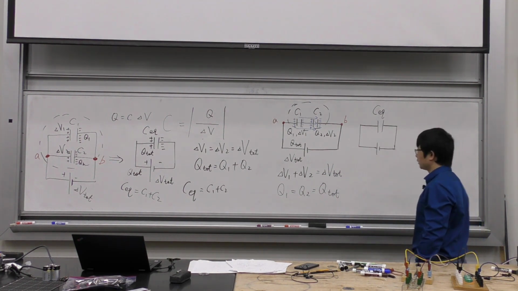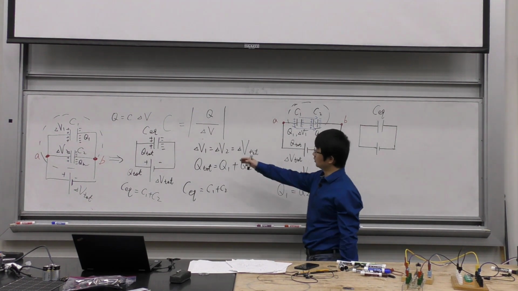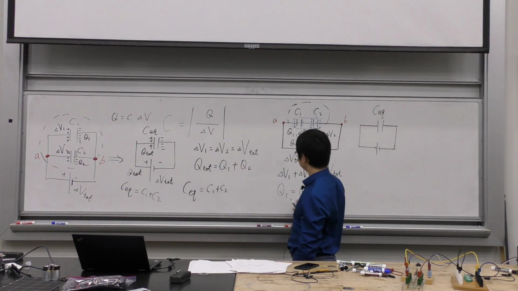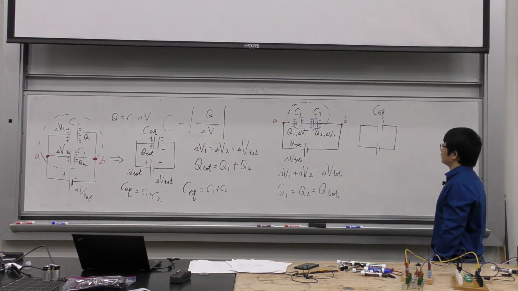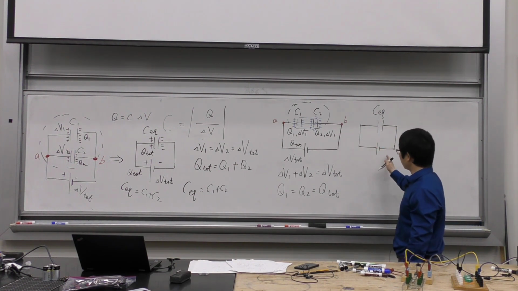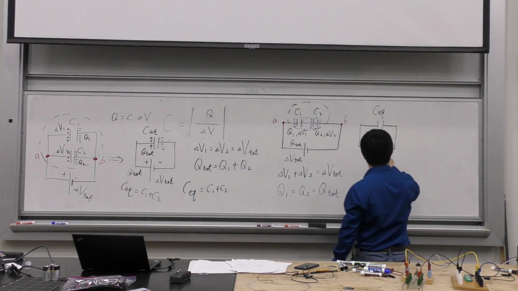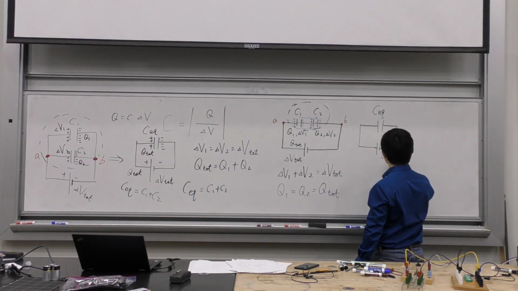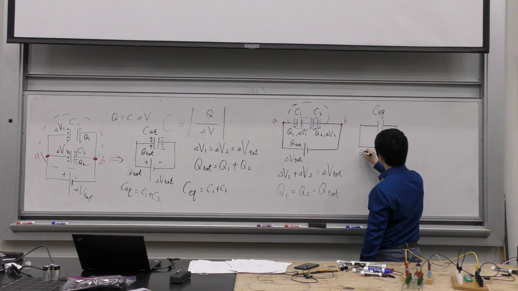Now, okay, we figured out the relations between the charge and the voltage. So you see that that's pretty much like parallel backwards, right? All right, it's very interesting. Now, what's the relation between C1, C2, and CEQ? Okay, if I replace those two guys with this diagram, I would still have V total totally on this guy, and then Q total totally on this guy.